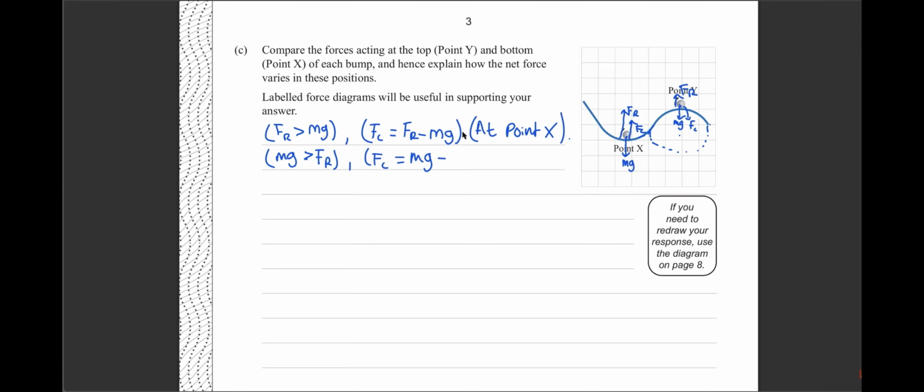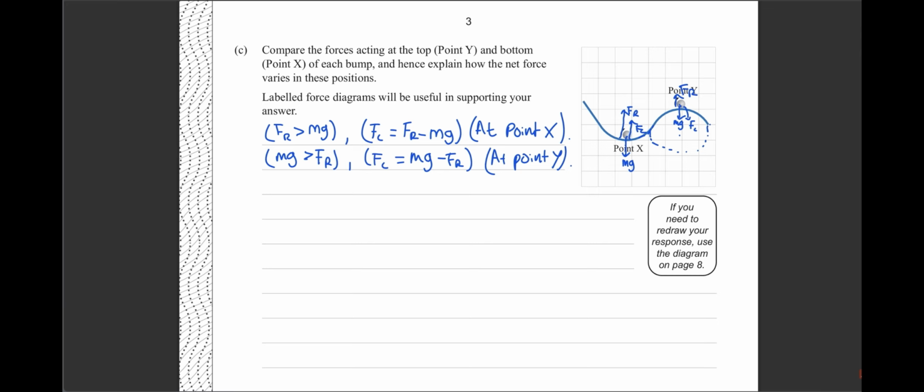So mg minus Fr gives you your net force going down, because you have to have a non-zero, positive force going to the center. This is at point Y.